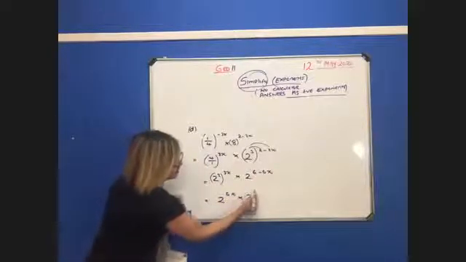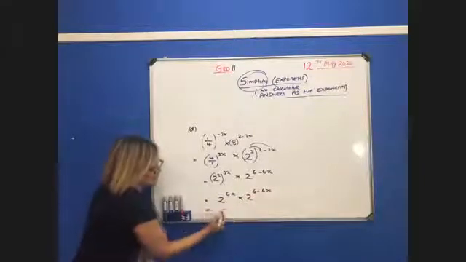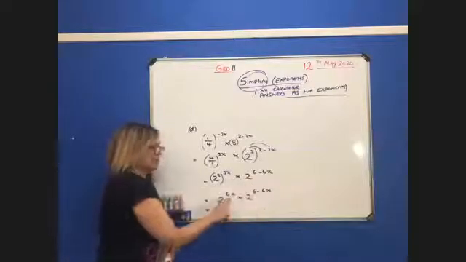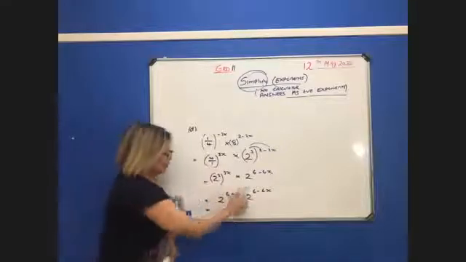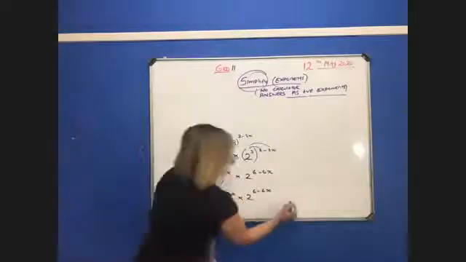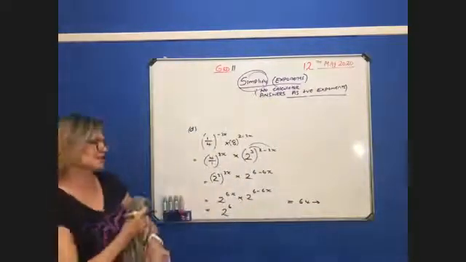And then guys, do you remember that rule? If you have the same bases, you write your base and add the exponents. Now plus 6x added to minus 6x cancels out, so we're left with 2 to the 6. 2 to the 6, I know is 64, but you can leave your answer as 2 to the 6.